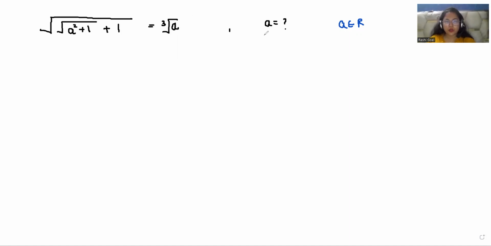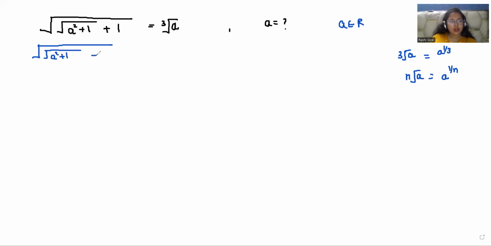So I am taking the cube root of a. As we know the rule that the nth root of a can be written as a power 1 by n, we can write it as a power 1 by 3. So I'm going to replace it: under the root, the square root of a square plus 1 is equal to a power 1 by 3.